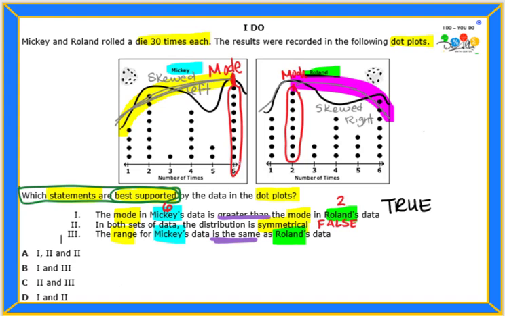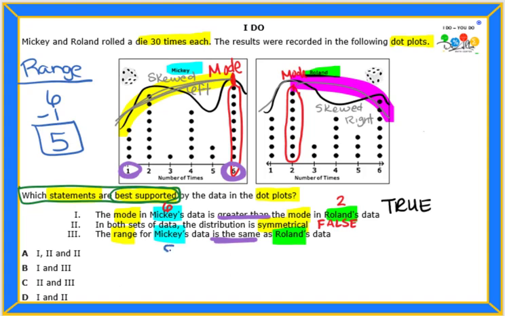So I'm going to find the maximum and the minimum, and I'm going to find the difference between those two or subtract them. So the range for Mickey is 6 was the maximum for the highest number rolled, and then minus 1, the lowest number rolled. So that would be 5. So here the range is 5 for Mickey.